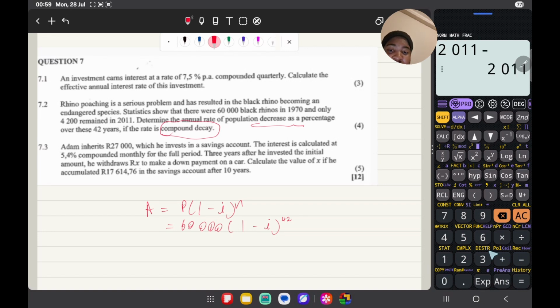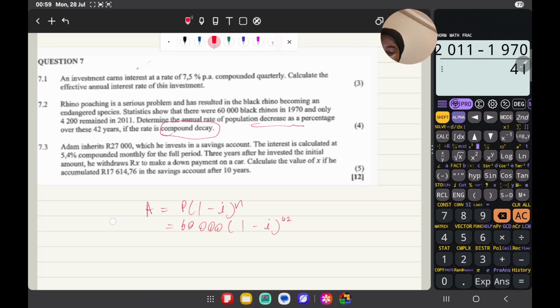2011 minus 1970, it's actually 41. But they're asking me to do this calculation over 42 years, but it won't make sense, because look, in 1970 there were 60k rhinos, and only 4,200 remaining in 2012.